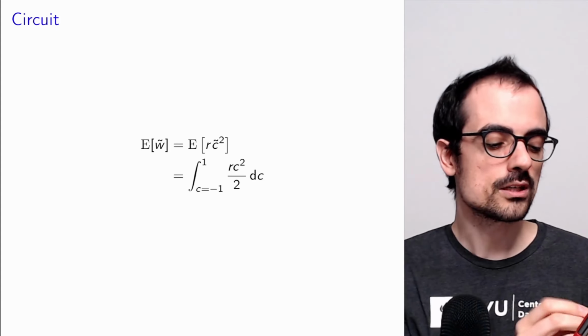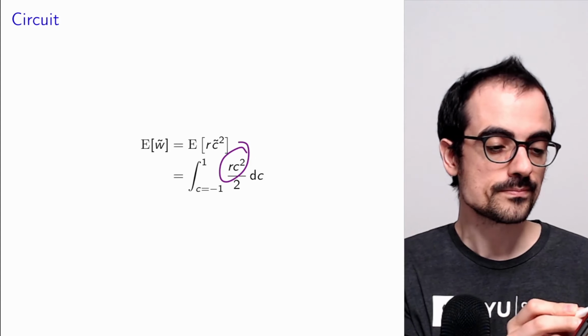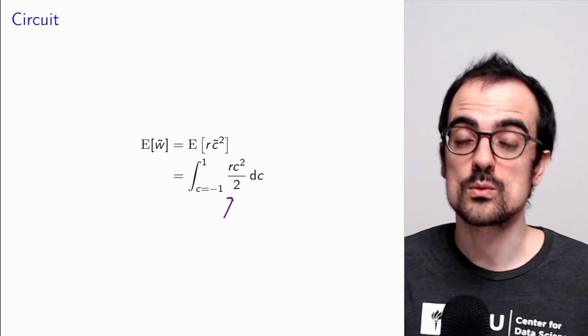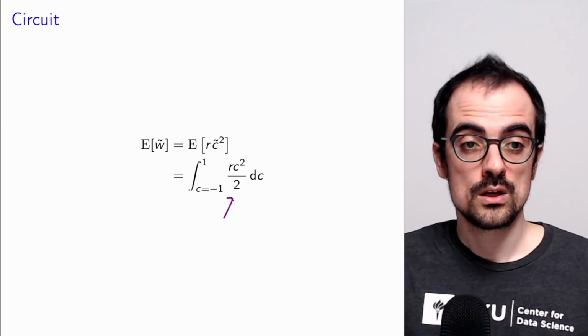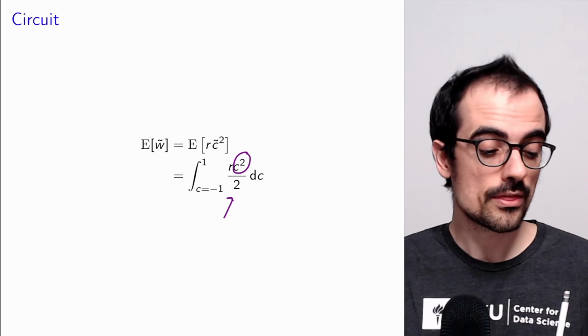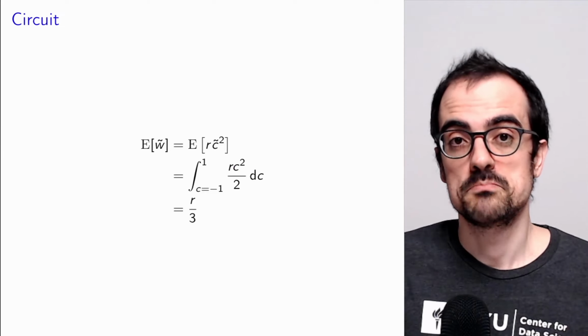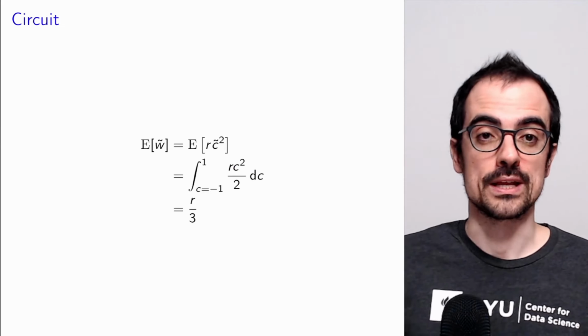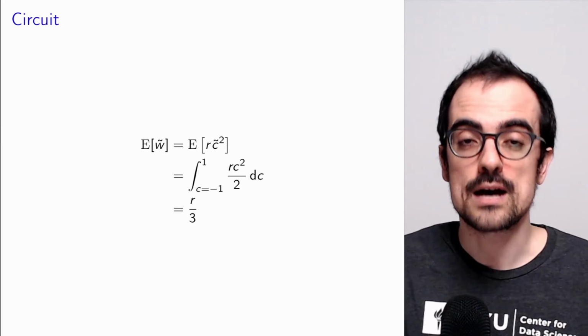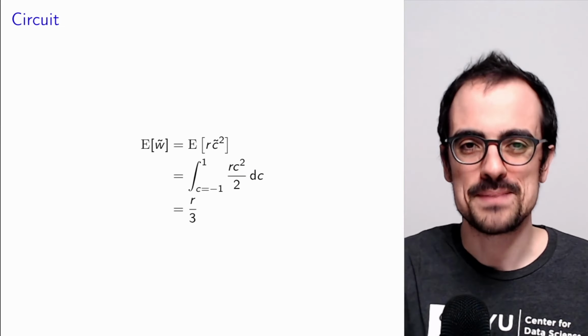So we integrate that deterministic function times the density, which is 1 over 2 between -1 and 1, because it has to integrate to 1. The antiderivative of c squared is c cubed divided by 3. So this integral is equal to r over 3. We have been able to compute the mean of the function without having to derive the PDF of the function of the random variable.